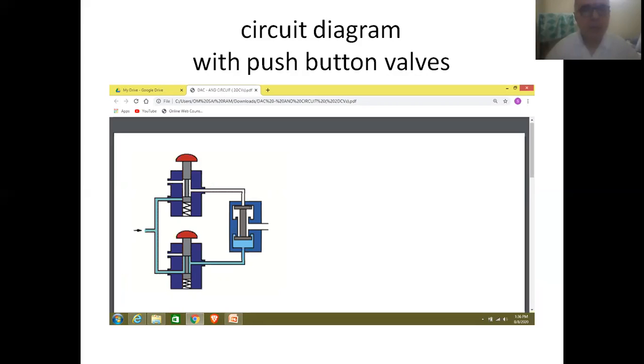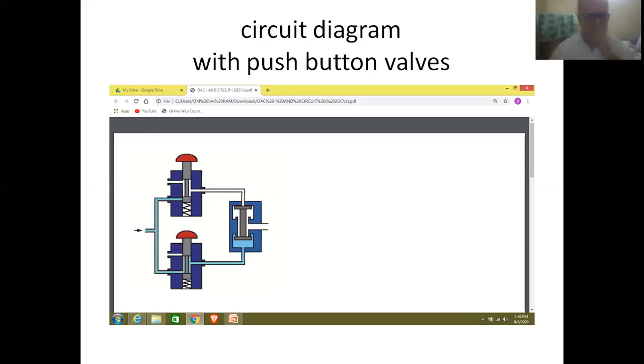So friends, we are actually very much thorough with the end valve circuit, and we have discussed all the details of end valve circuit. And here we come across another arrangement of end valve circuit using push button valves.